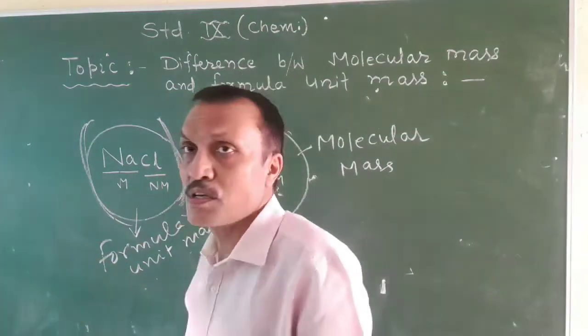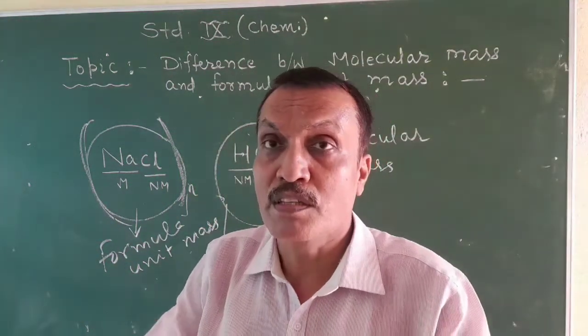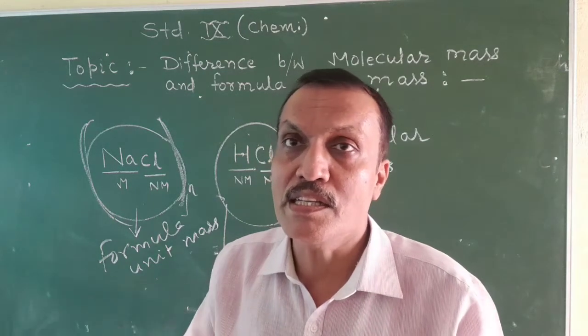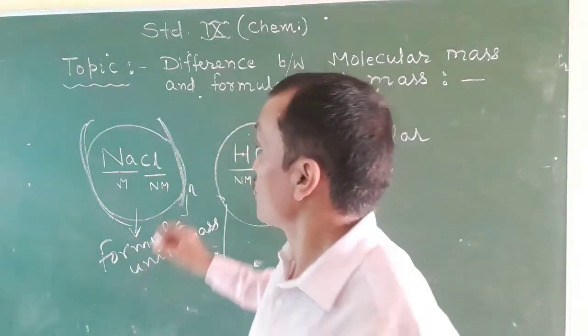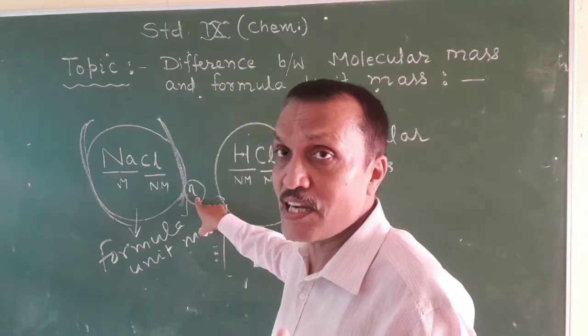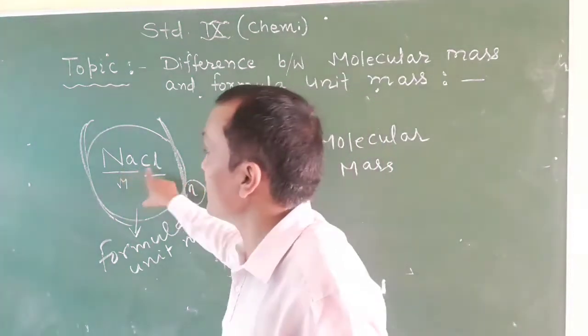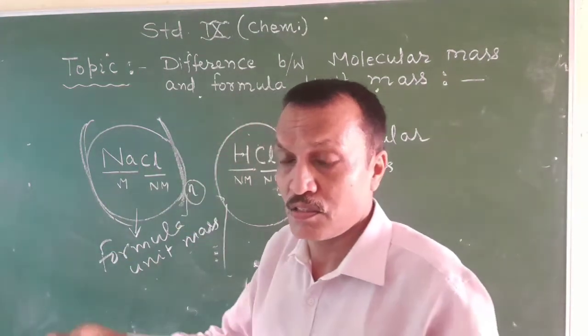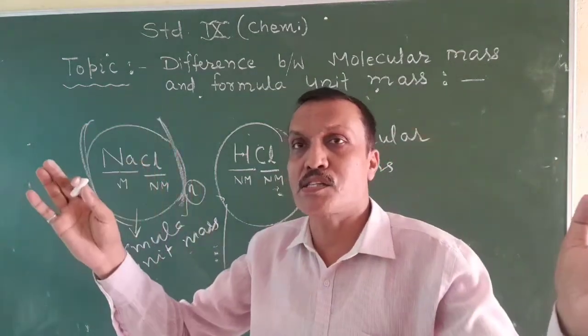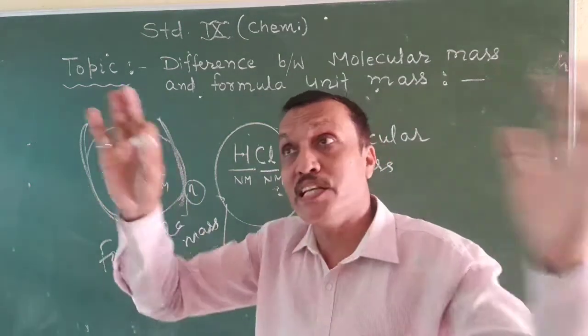Such compounds exist in crystalline lattices. It means so many NaCl units join together and form a lattice, form a network.